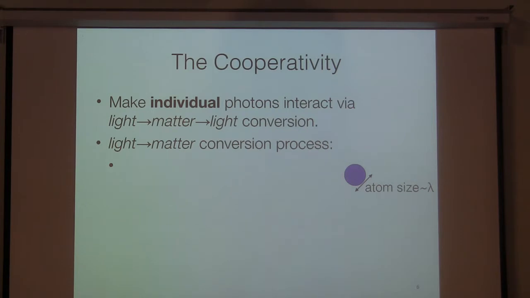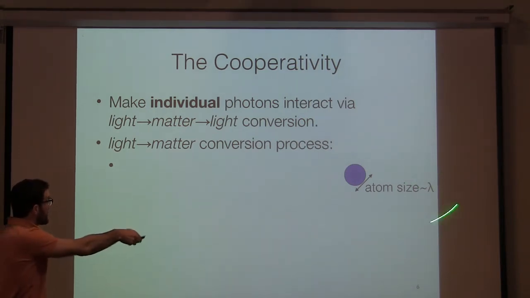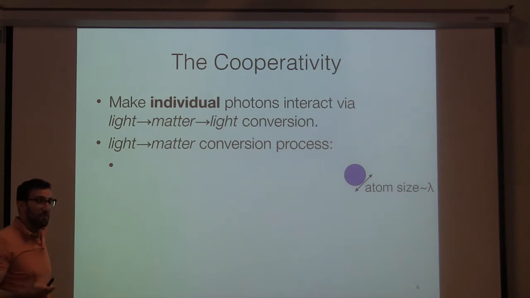The essential size of an atom for absorbing a photon is given by, at most, the wavelength of the resonant transition of the atom. So if we're talking about visible light and the atom has a transition at, say, 500 nanometers, you can more or less think of this atom as being about 500 nanometers by 500 nanometers when you shine light at it which is right on that resonance.